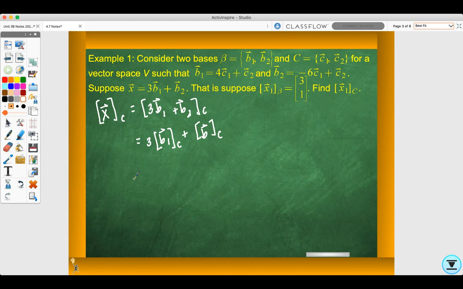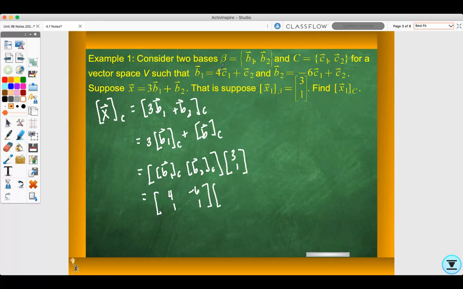So now we're going to write this as a matrix equation. And we know that B1 and B2 are 4, 1 and negative 6, 1 respectively. So B1 would be 4, 1, B2 would be negative 6, 1.